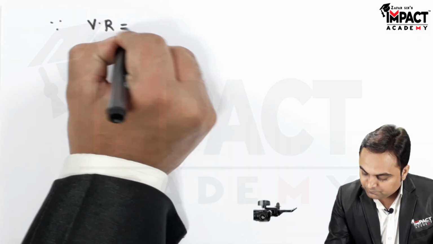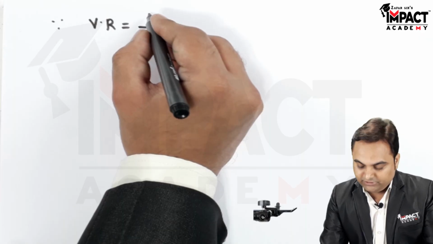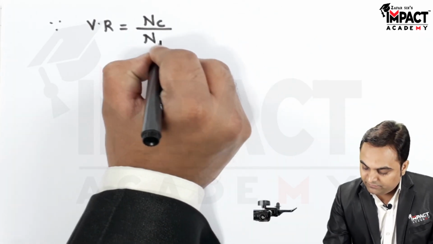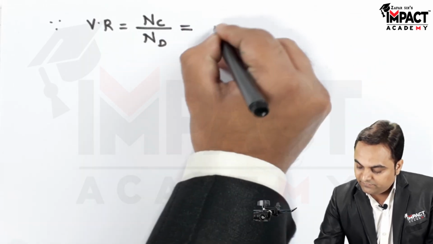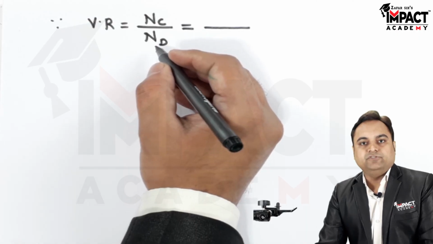Velocity ratio is equal to speed of driven, which is in the numerator, here driven is C and the driving gear is D, so NC upon ND. That is, speed is in inverse proportion to the number of teeth of the gears.